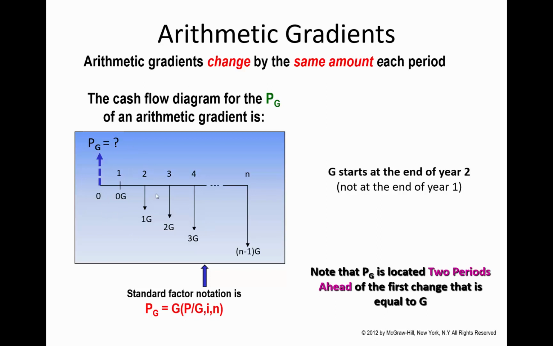And then in year 2, you have 1 times G. In year 3, you have 2 times G. And so this is one of the common mistakes and stumbling blocks I see students struggling with, is remembering that in year 1, there's actually no effect from a gradient. You don't actually observe the effect of the gradient until the second year. So here the note says that the gradient starts at the end of year 2.